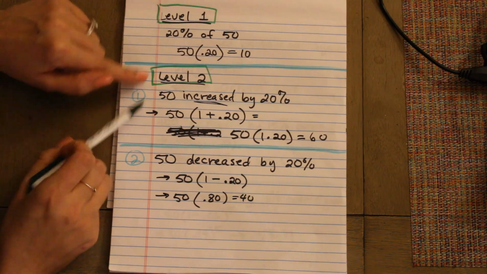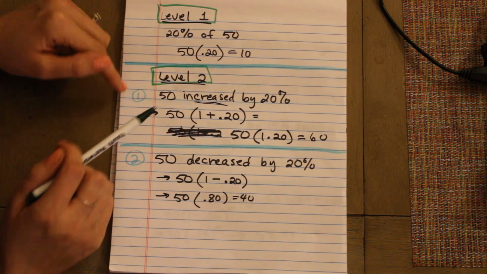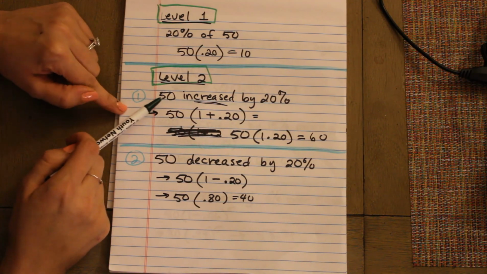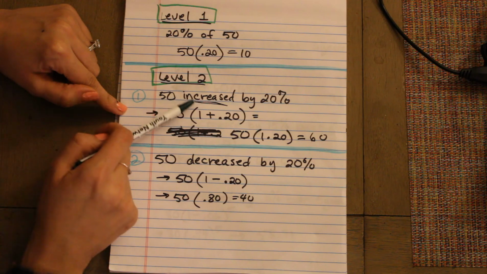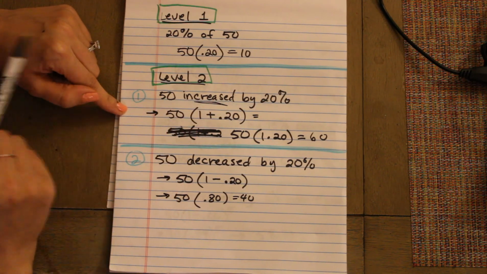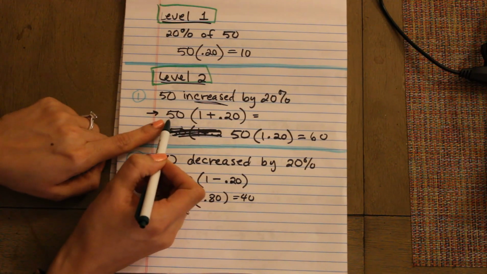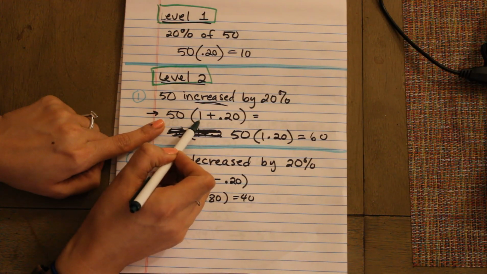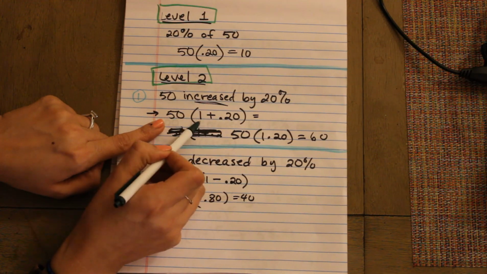The next level, level 2, is when I talked about increasing or decreasing by an amount, by a percentage. So for the first example, if I have 50 increased by 20%, we learned that I take 50 and then multiply that by 1, which represents 100% of the amount, which is 50, right?